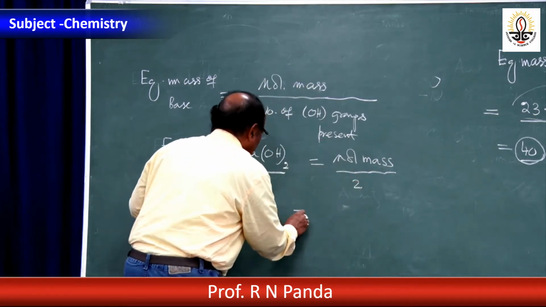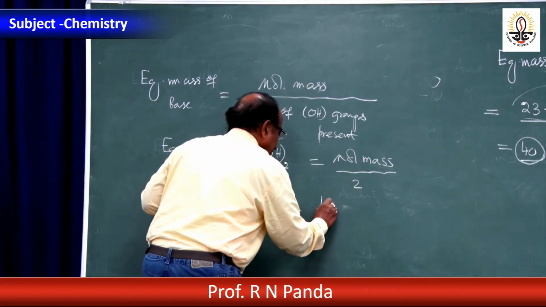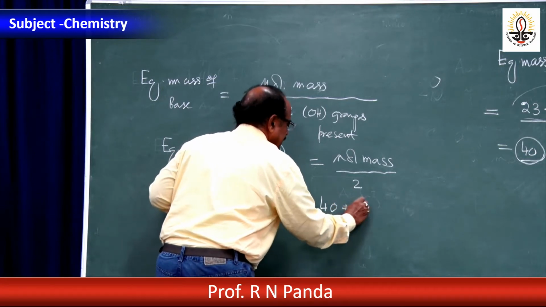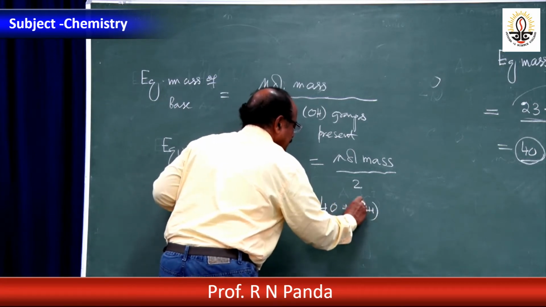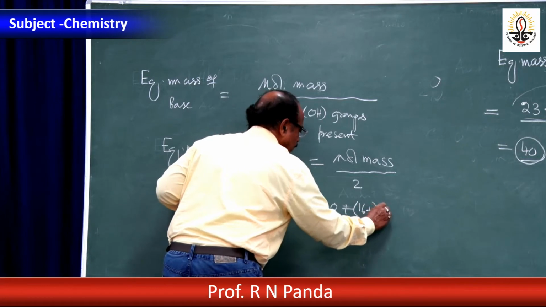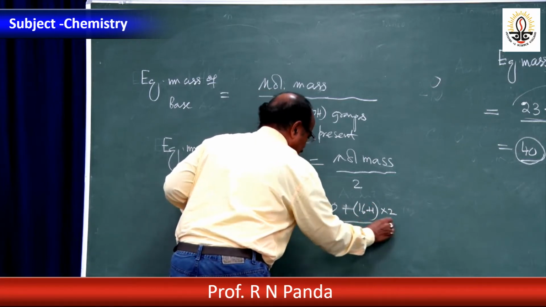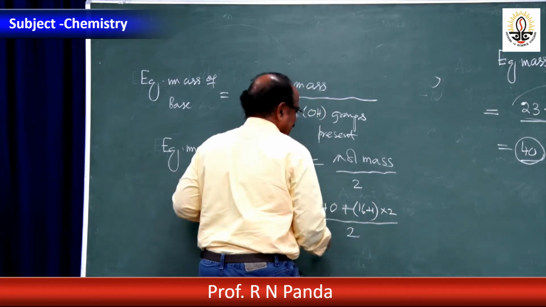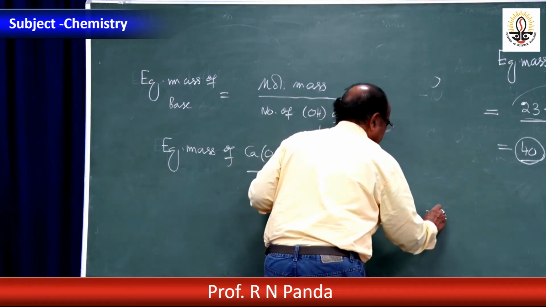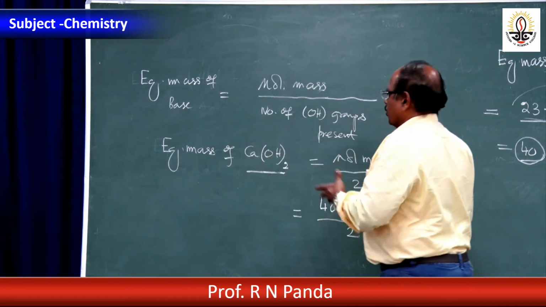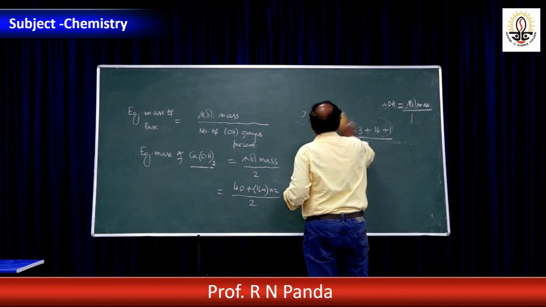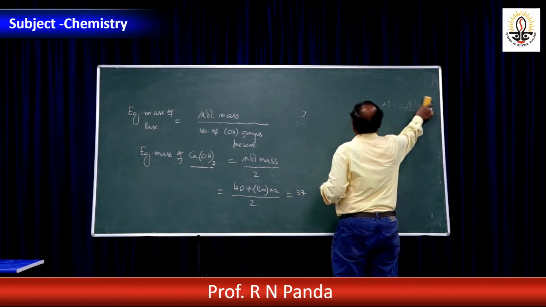The atomic mass of calcium is 40, and it is 40 plus (16 plus 1) into 2, divided by 2, which comes to 37. So the equivalent mass of calcium hydroxide will be 37.